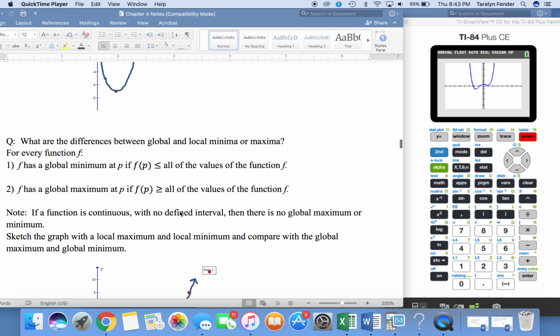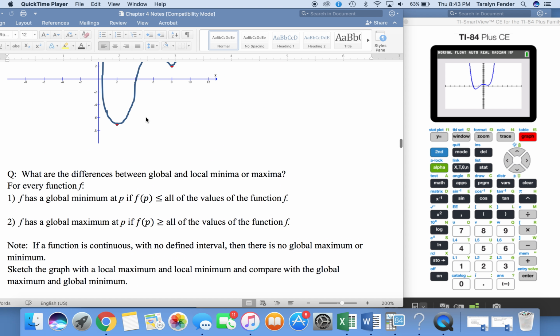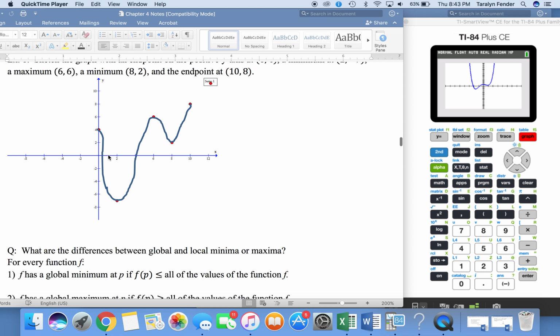If a function is continuous with no defined interval, then there is no global maximum or minimum, just like this one. Here, the very lowest point on this graph is right here. The very highest point is here because it has a defined interval.